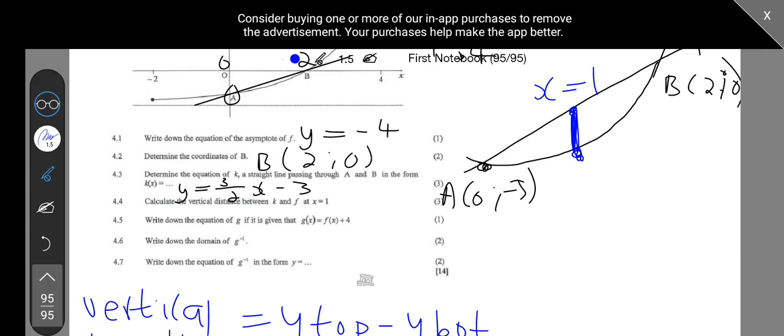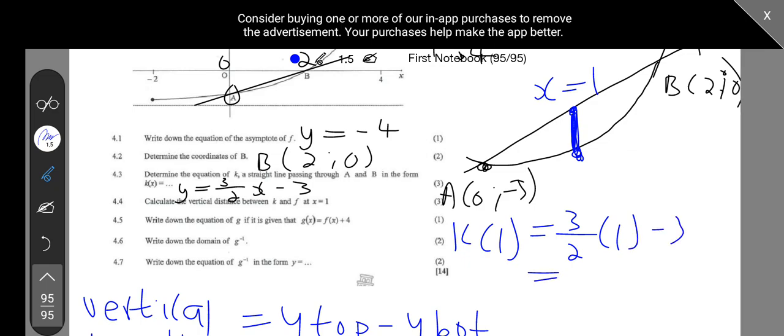Okay, so let's determine the value of y on point k, where the value of x is 1. So we're going to find k when x is 1. It's given as 3 over 2 times 1 minus 3. And let's see what we get there. It's 3 over 2, and then minus 3.